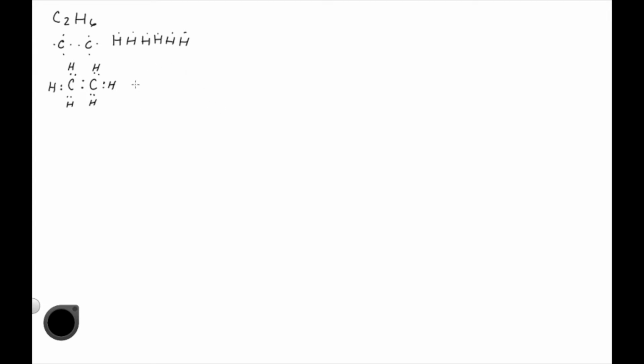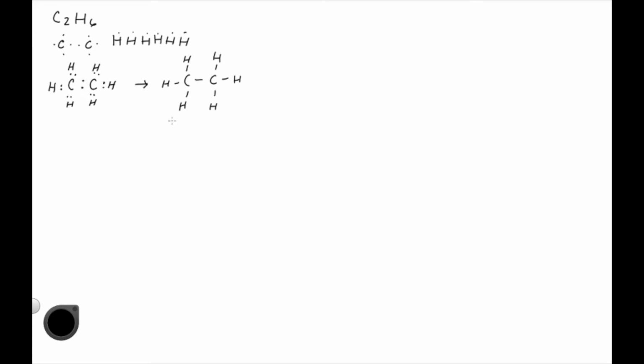So if we bring our Lewis structure over here, we start with our carbons and then attach the hydrogens to each carbon with a single bond. And this will be our Lewis structure. This is the Lewis structure for ethane.